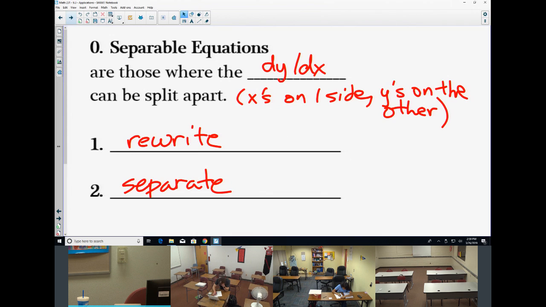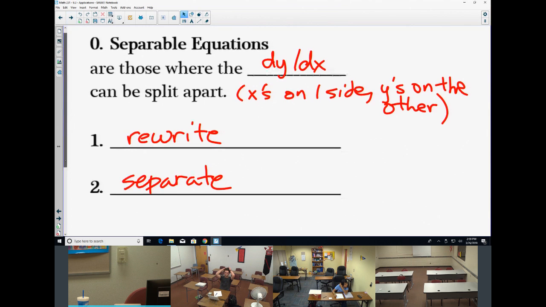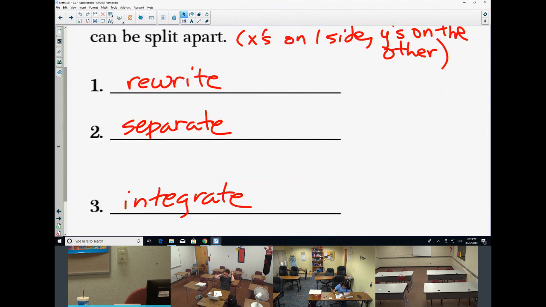Not the way that we did yesterday. But in this section, we're going to do them both ways. But I want to start with the easier way. So again, separable equations are those where the dy and the dx can be split apart with the x's on one side and the y's on the other. And so you rewrite it, separate the variables, and then you integrate both sides. So that's basically what you do for those. Okay.